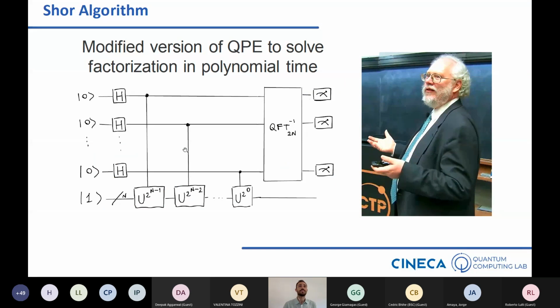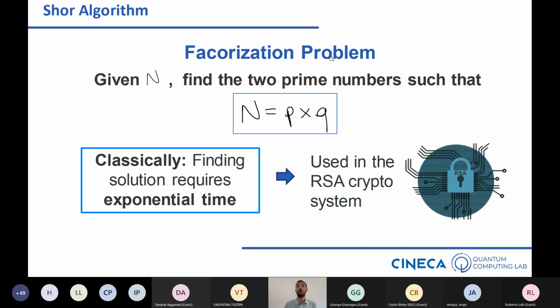So quantum phase estimation alone seems not very useful, but then you see that the application is huge. The genius of Peter Shor was to formulate the factorization problem as a problem of estimating the phase of a unitary operator.